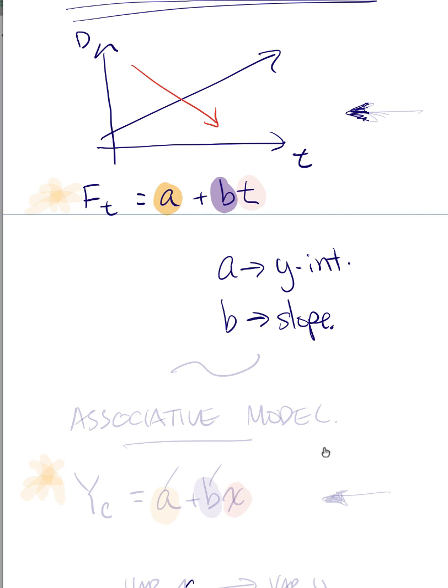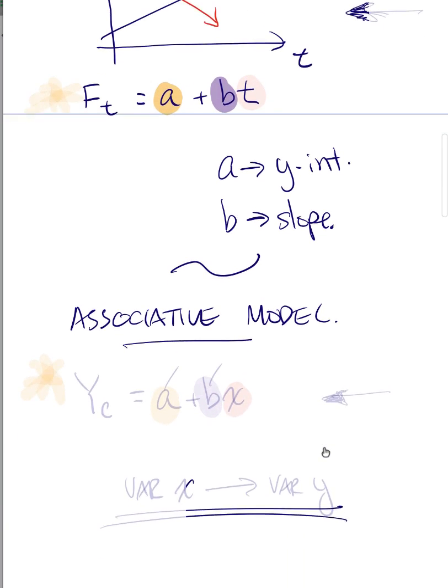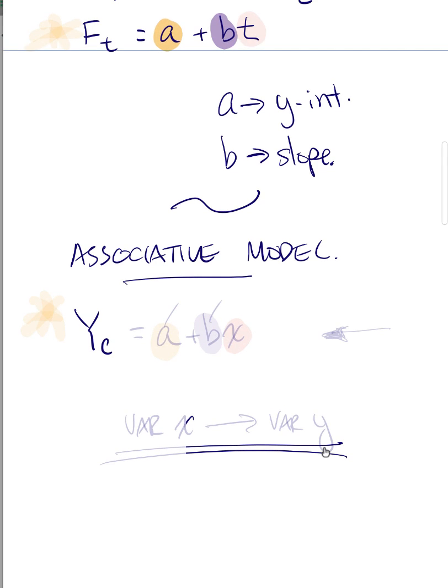And then finally, we talked about the associative model, which has a very similar formula. Yc equals the y-intercept plus the slope times the x variable.